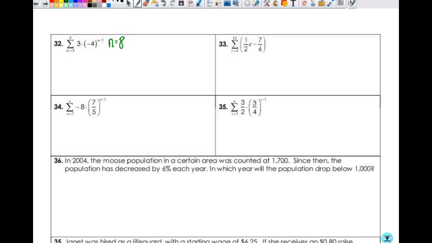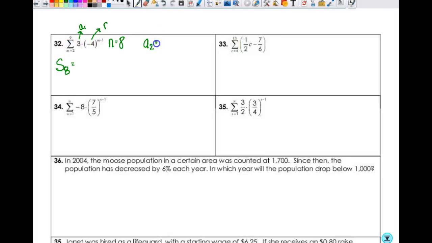So I need the sum of 8 terms going from the second term to the 9th term. I know that this right here is A1, and this right here is R, and this is geometric. So the sum of those 8 terms is equal to the first term. I technically don't want A1. This is not the A1 I want. I want the first term in the series, which is actually A2, so I gotta find that.